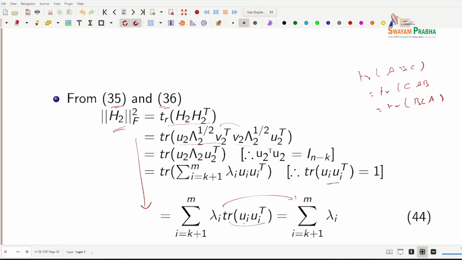So what does this mean? The energy that is being thrown out is simply the summation of the smallest n minus k eigenvalues. In the earlier modules, we have already shown this is the optimal, the lowest possible.